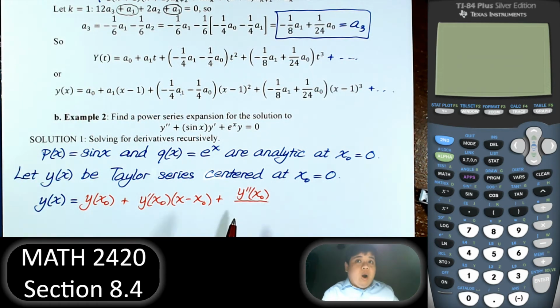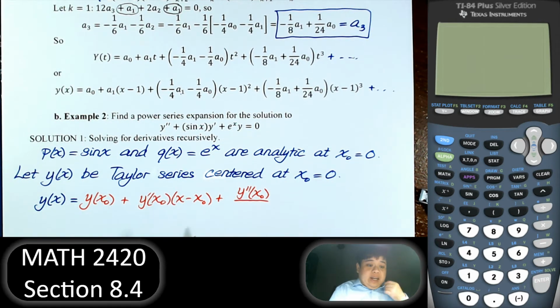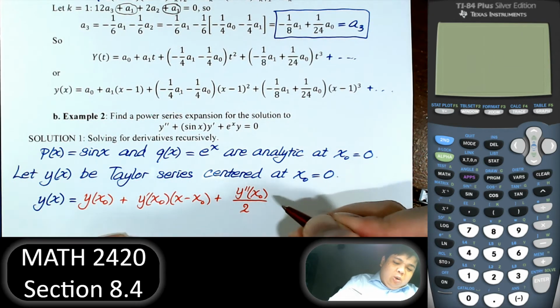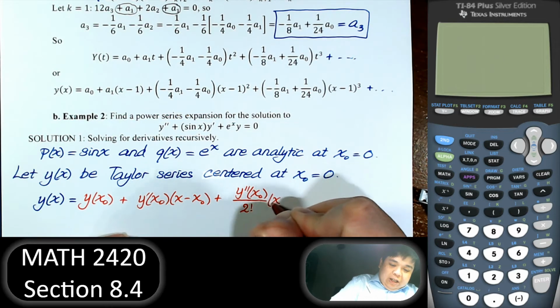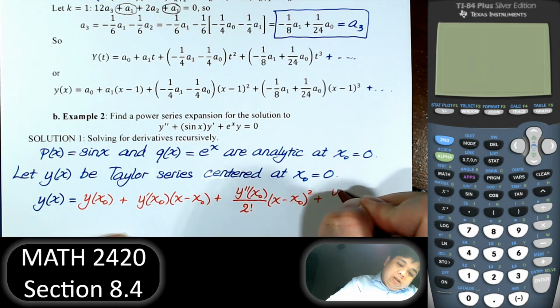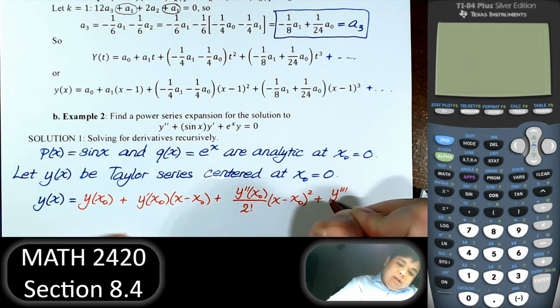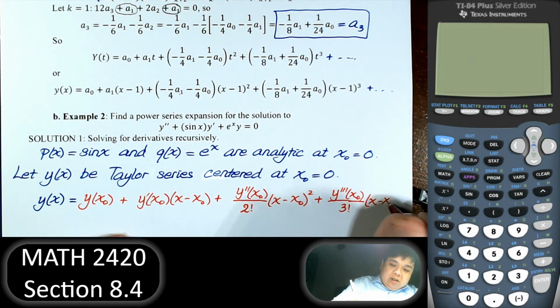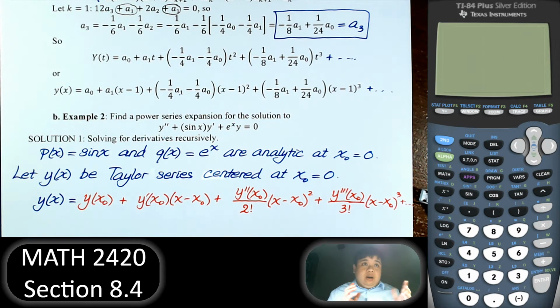Notice that this is y, and then over 2 factorial, or just 2, x minus x naught squared, plus y cube, the third derivative, over 3 factorial, x minus x naught cubed, and so on. Notice that is the Taylor series.